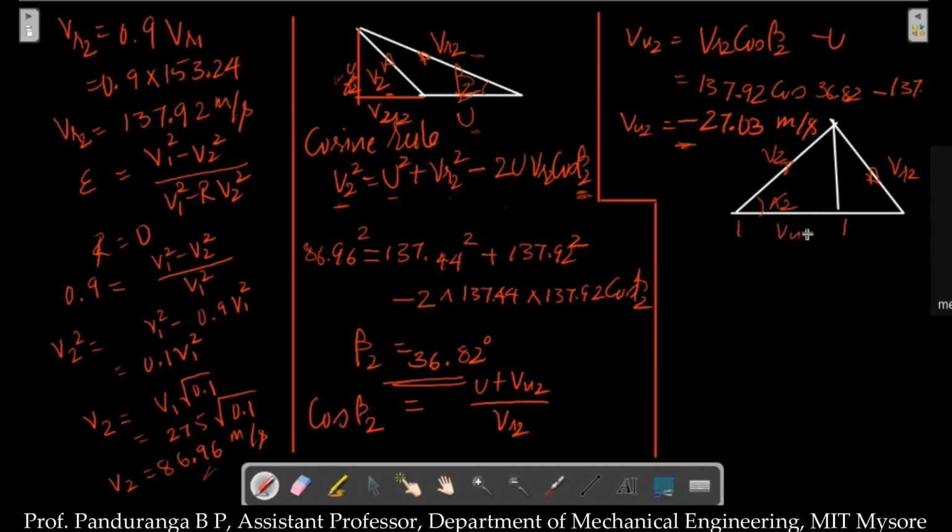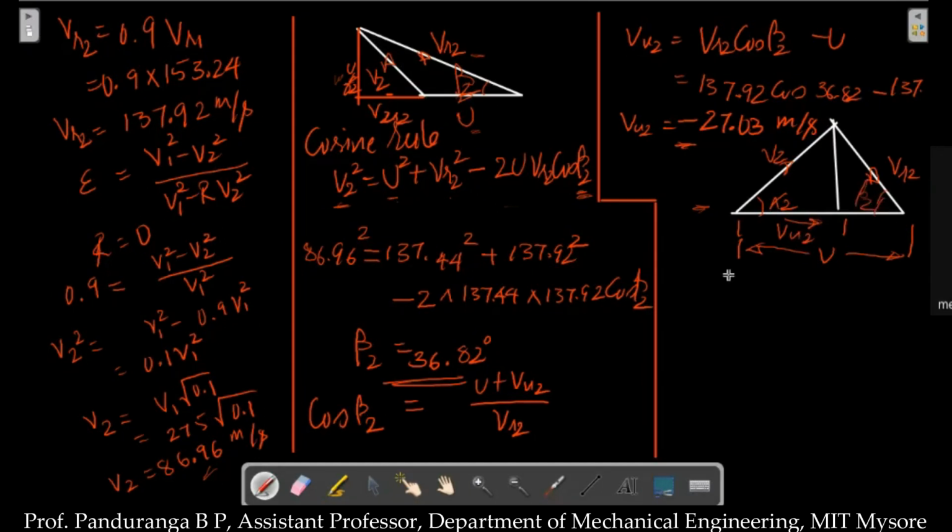From here till here we have VU2, and that is in the same direction as U, and the entire length will be U. So this is the correct outlet velocity triangle. Whatever direction we have assumed here is wrong. Now we know this outlet velocity triangle. This is beta 2.